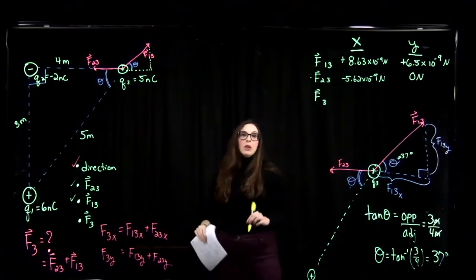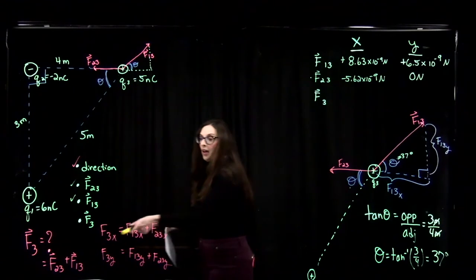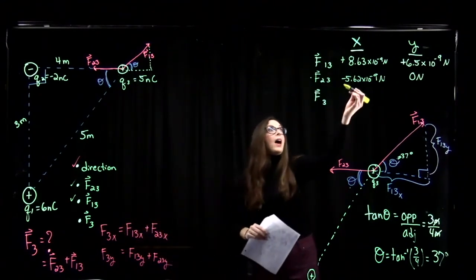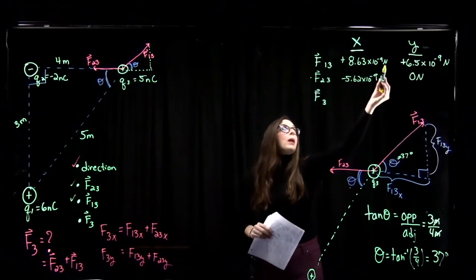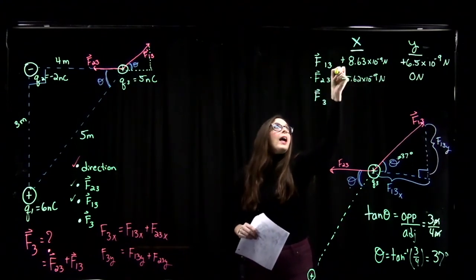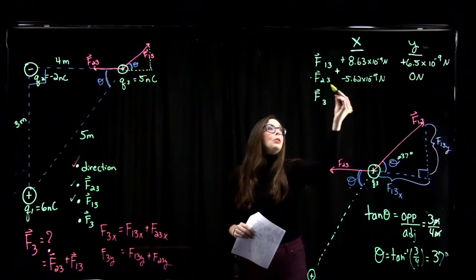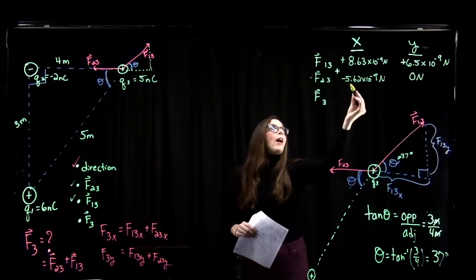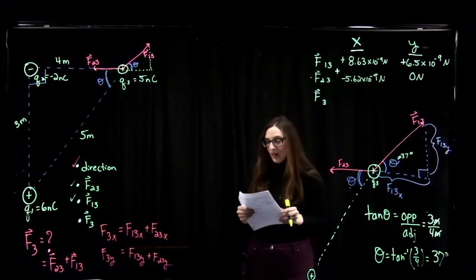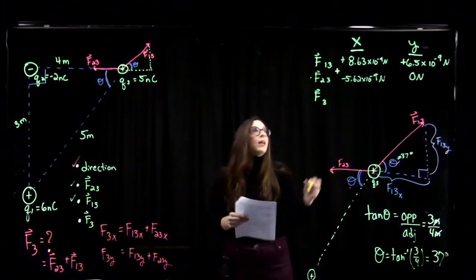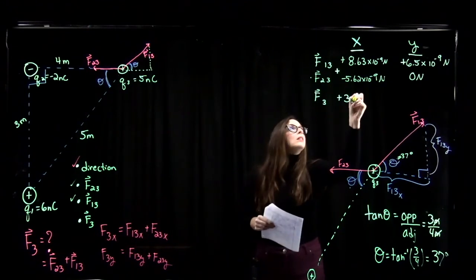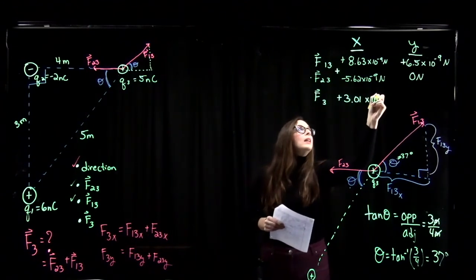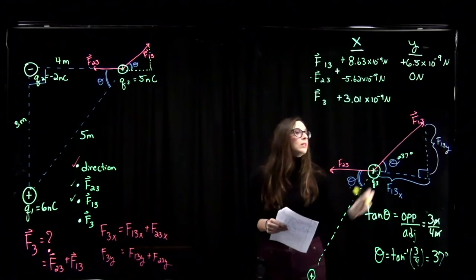So what I'll do in order to get F3x is add F13x, 8.63 times 10 to the minus 9 newtons, and F23x, which is minus 5.62 times 10 to the minus 9 newtons. And whenever I do that, I get a value of positive 3.01 times 10 to the minus 9 newtons.